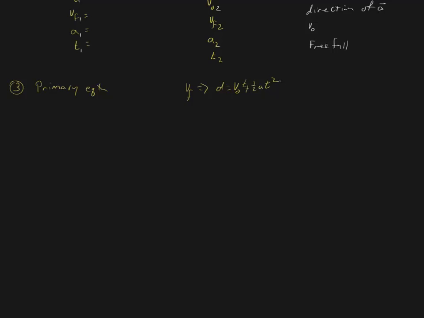So make sure that whatever equation that you're going to use, make sure that it has what it is that you're looking for in it. Now, the primary equation is going to be based on the information that you have and instinct, all right? And you're going to do this for each object in each part.